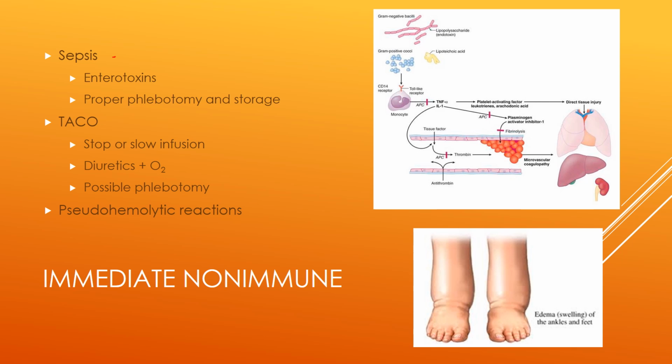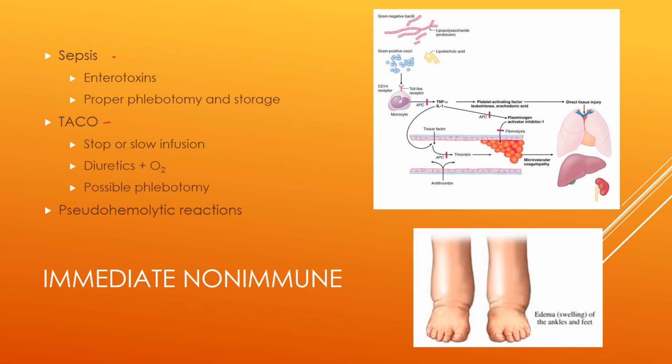Then we have TACO, which stands for Transfusion-Associated Circulatory Overload. The circulatory overload is where basically you're adding too much fluid to this patient. The patient may need the red cells, but they may not have lower volume in their blood.